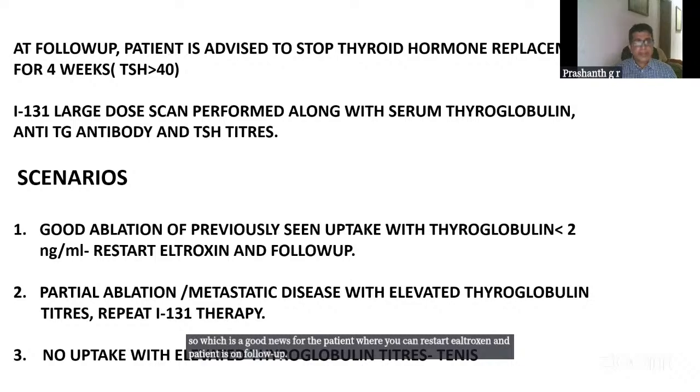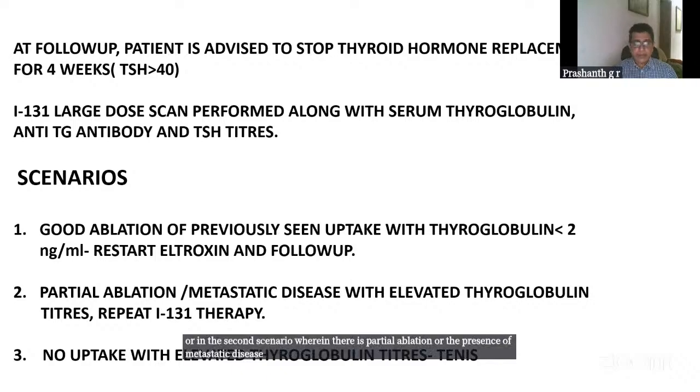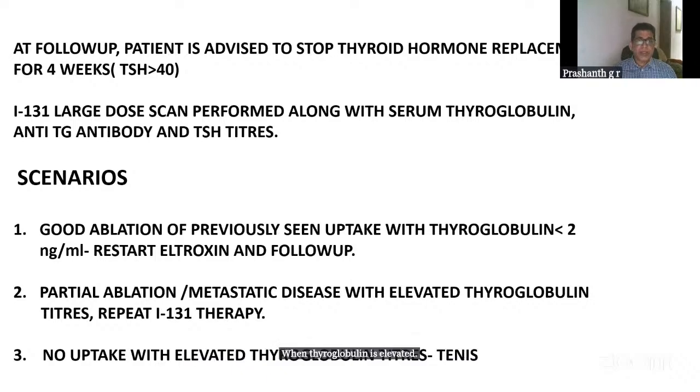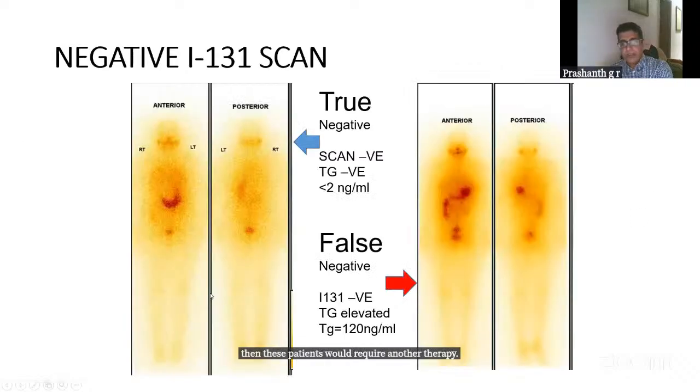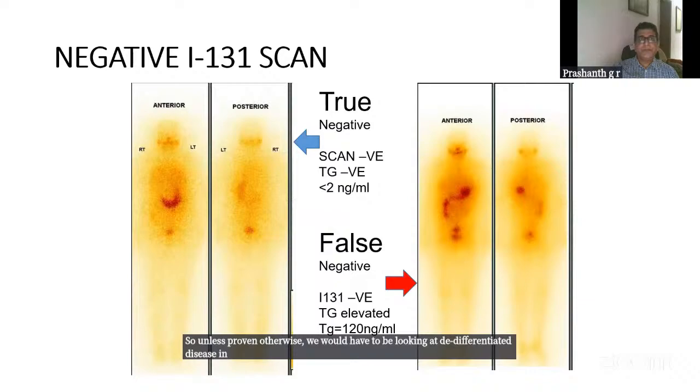Or in the second scenario, wherein there is partial ablation or the presence of metastatic disease, when thyroglobulin is elevated, these patients would require another therapy. The third scenario would be one wherein there is absolutely no uptake, but thyroglobulin is elevated. So unless proven otherwise, we would have to be looking at dedifferentiated disease in these patients.